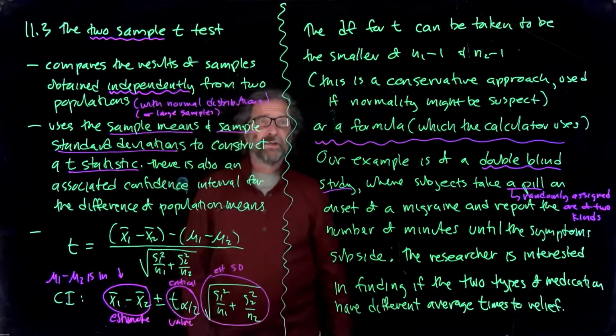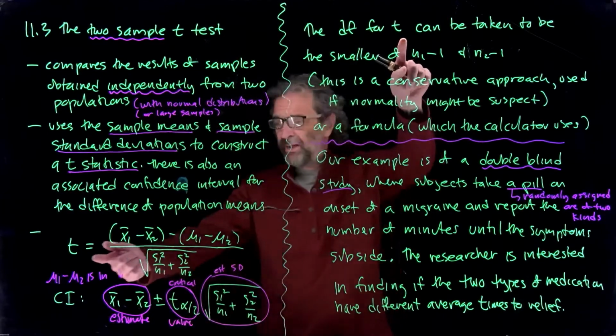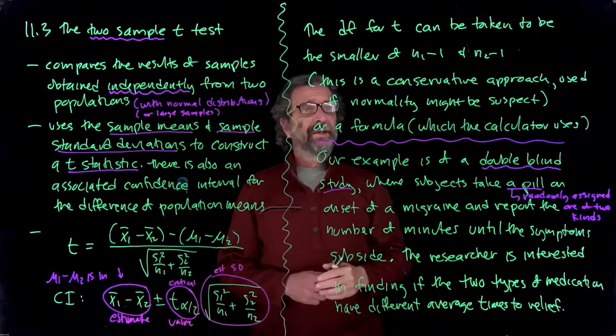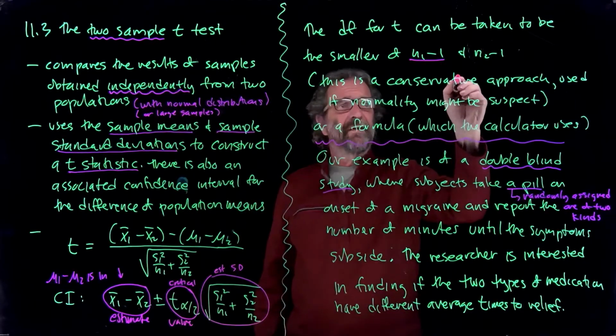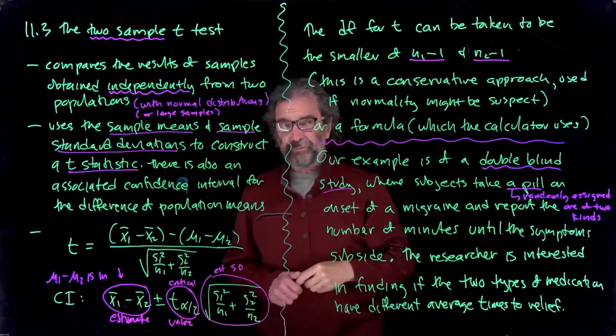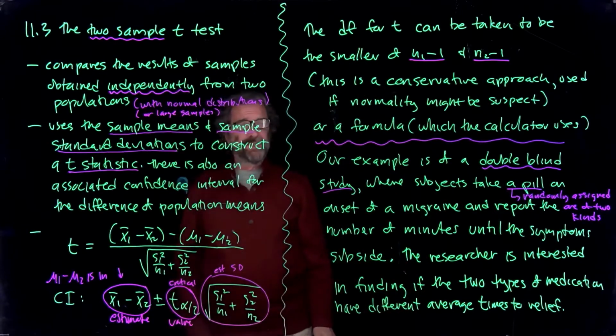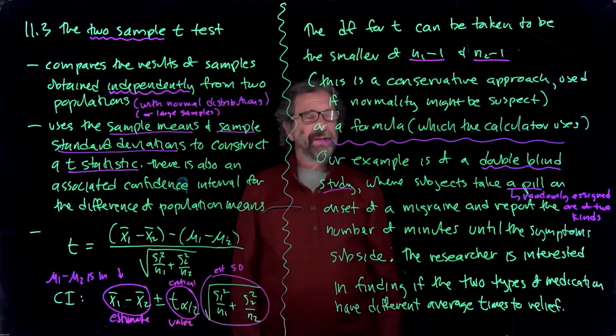All right. The degrees of freedom that you're going to use for t, because I have a t here, it needs degrees of freedom to proceed, can be taken to be the smaller of n1, the sample size of the first sample, minus 1, or n2 minus 1. In parentheses there we say this is a conservative approach used if normality might be suspect.